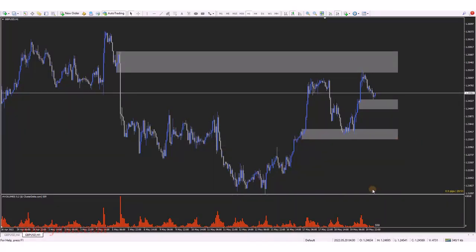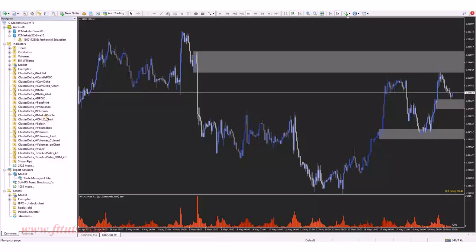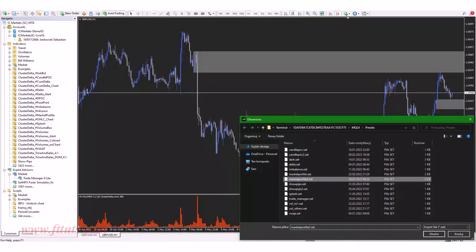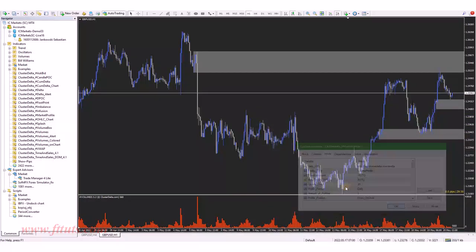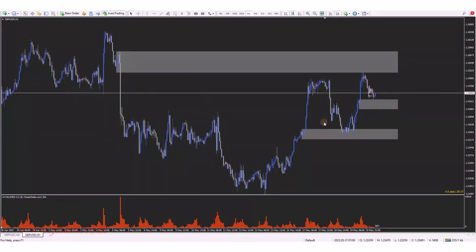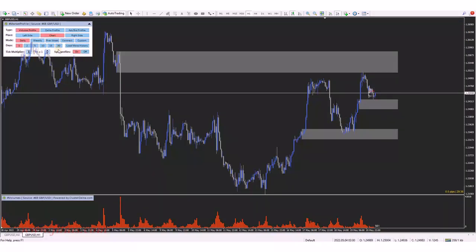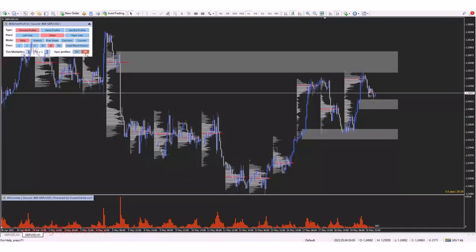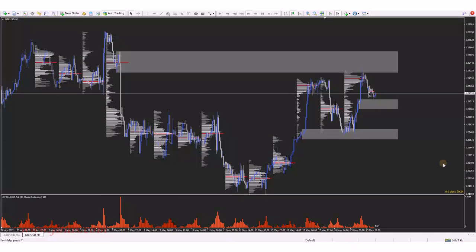Yeah, so now I'm going to add the volume profile into the chart with my template. And yes, here's the small one. I would love to see way more days, like 15, to see the point of control.